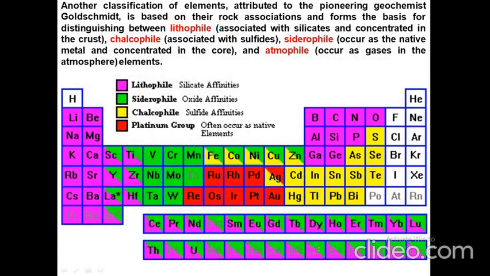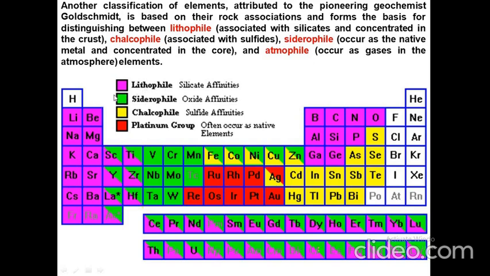Now another classification of elements, attributed to the pioneer geochemist Goldschmidt, is based on rock association and forms the basis for distinguishing between lithophile, which is associated with silicates and concentrated in the crust; chalcophile, associated with sulfides; siderophile, which occur as native metals and are concentrated in the core; and atmophile, which occur as gases in the atmosphere.